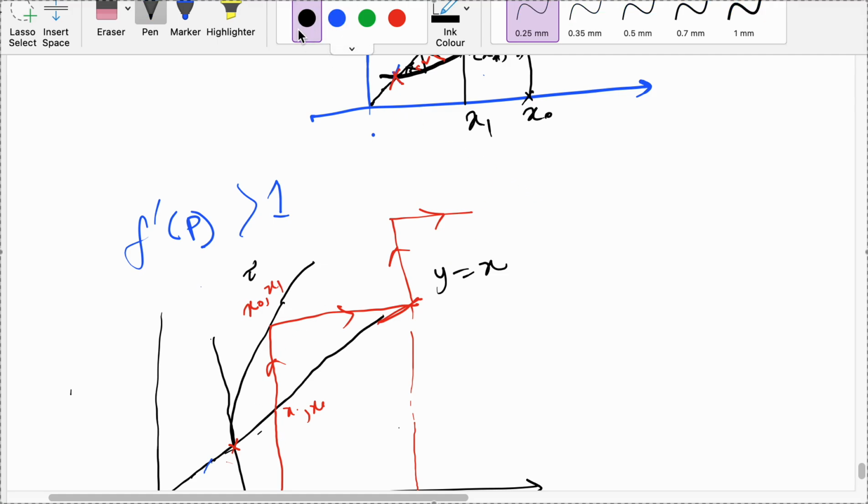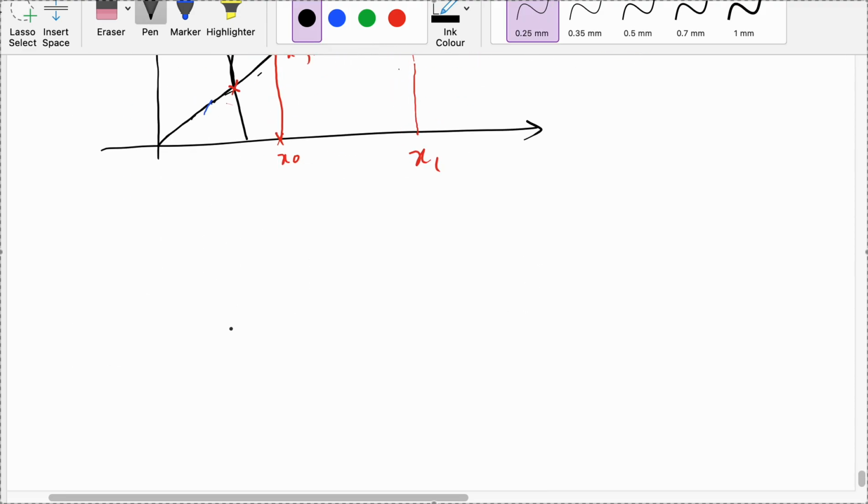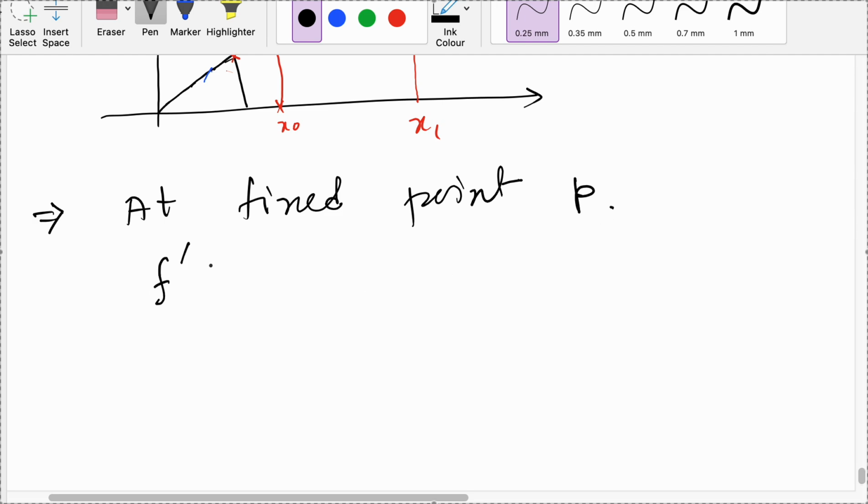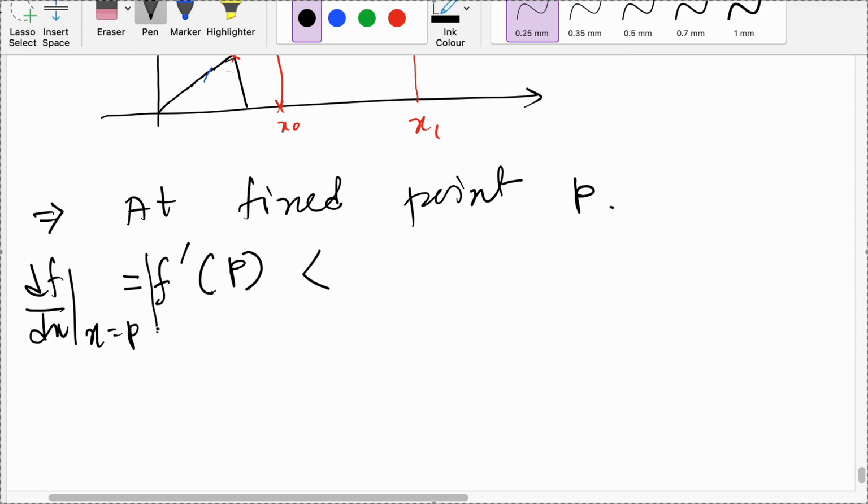Because of that, in mathematics it is said that if at fixed point p the slope f prime p, or the first derivative at p, so df/dx at x equal to p, if the magnitude of f prime p is less than 1, it is called an attractor.